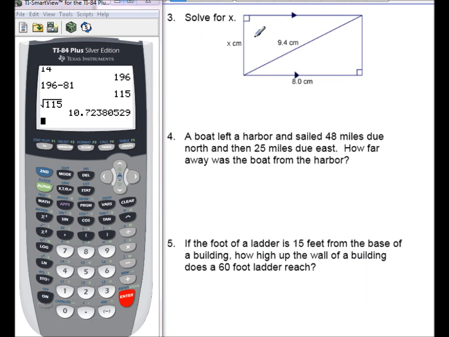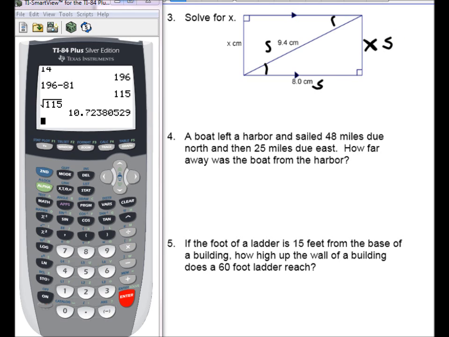Number 3, we're solving for X. Because these lines are parallel, that means that this angle is congruent to this angle, which is also going to mean that these two sides are congruent. So this is the same as X over here. So the right triangle we have has a side looking for the third side.